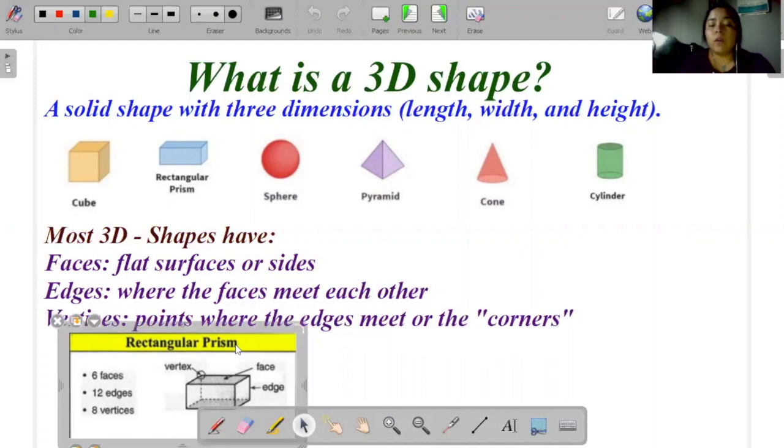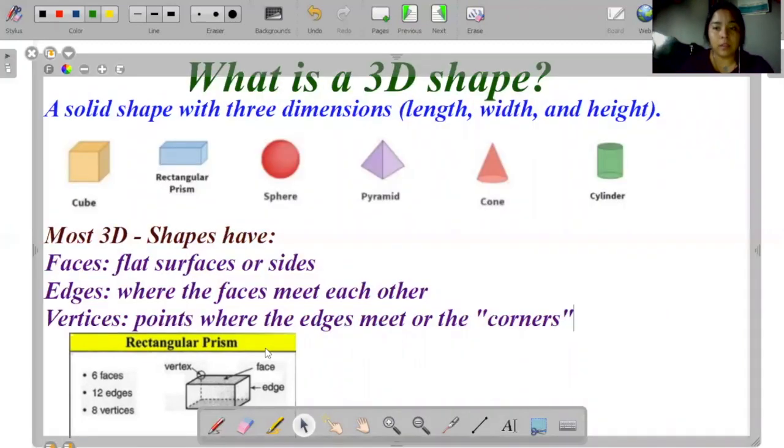Since we're only going to learn about rectangular prisms, here are their properties. A rectangular prism has 6 faces, or 6 sides, 12 edges, and 8 vertices.